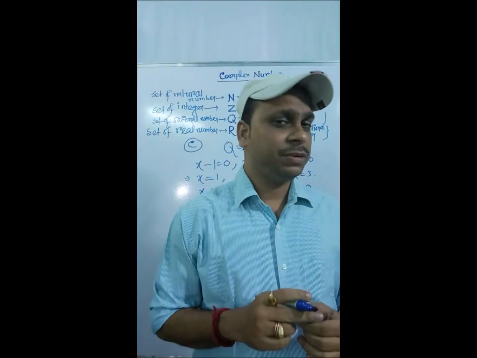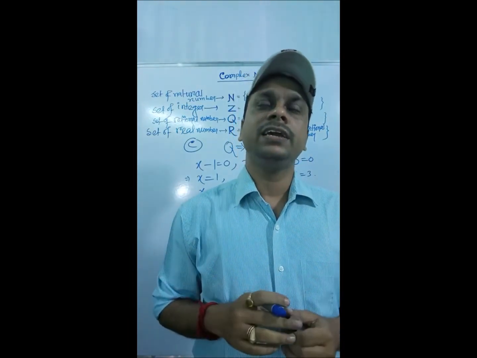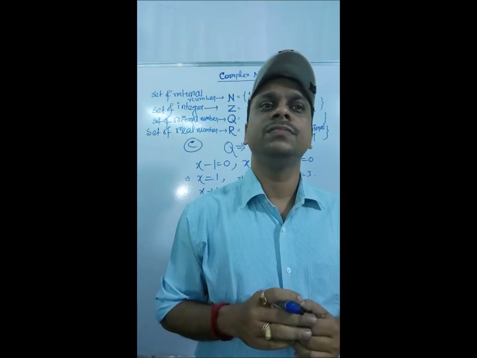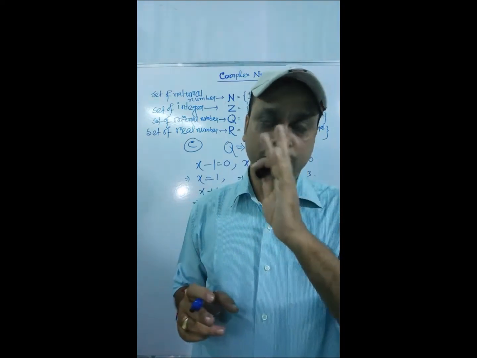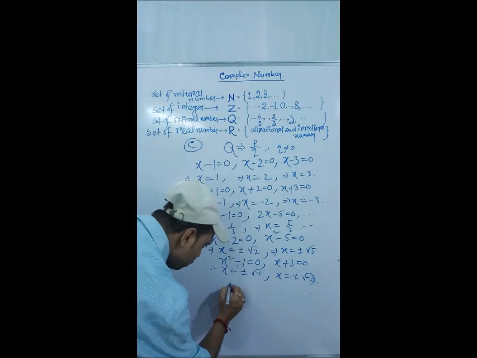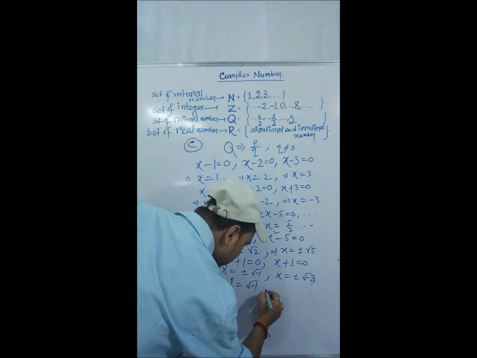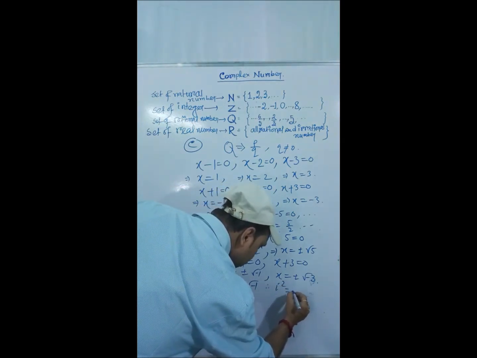Swiss mathematician Leonhard Euler, in 1777-83, was the first to use i equals root over minus 1. Therefore, i square equals minus 1.